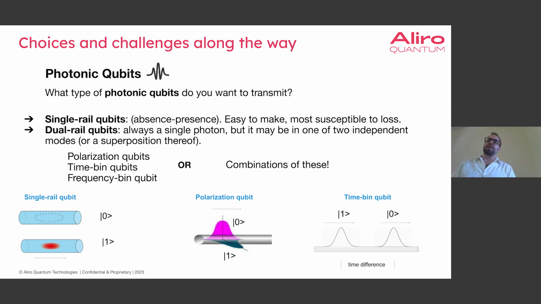And again, this is only the beginning of the ways that we can begin to encode qubits into light. And hopefully this gives you a sense of the ways that you can do this. And each of these different options has different corresponding requirements for hardware and how you actually do it. And so understanding what hardware you want to use is really important for understanding what type of encoding you want to use.